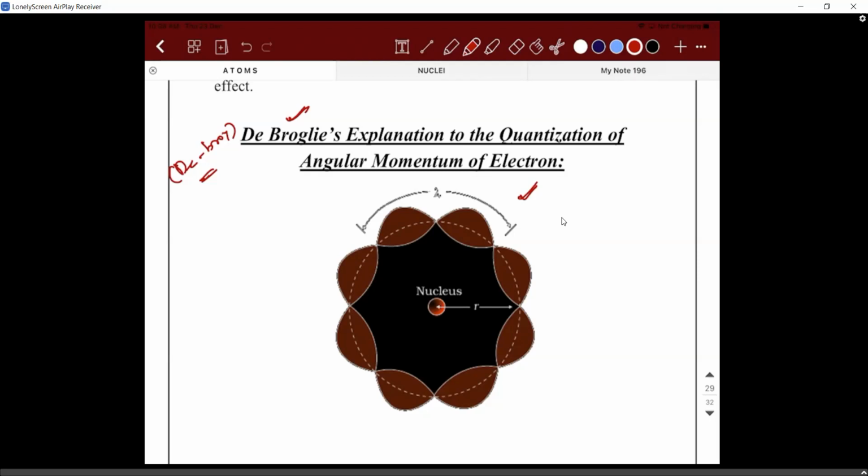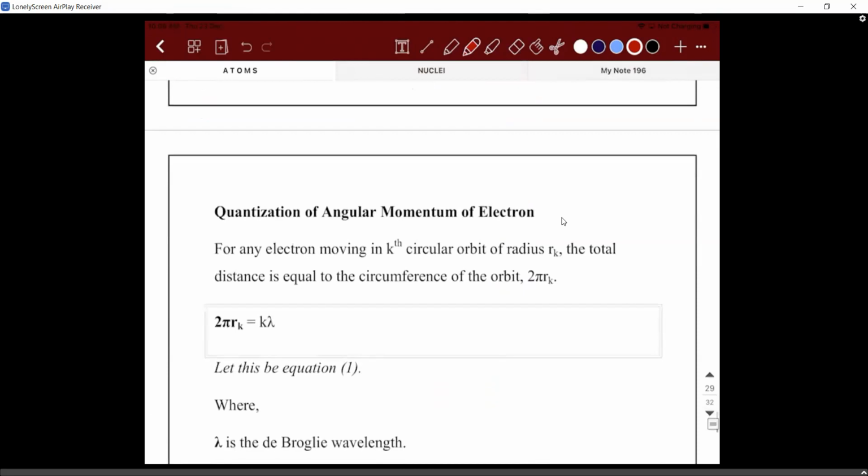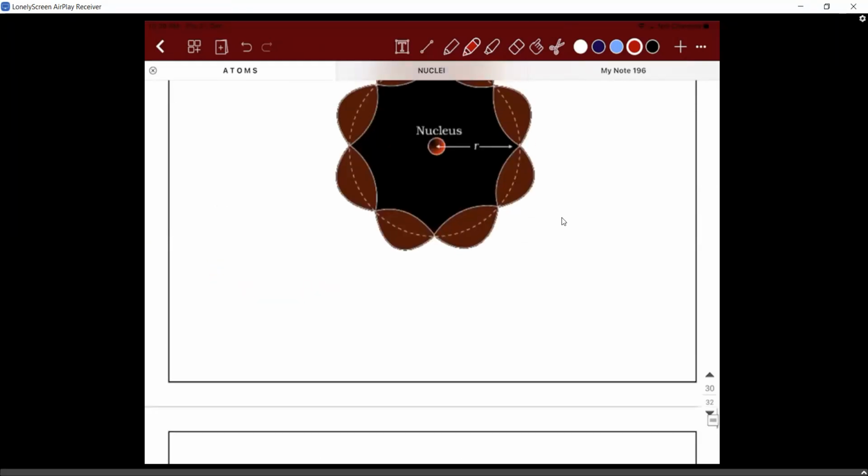So in this concept, the scientist started explaining that the electron has wave nature. What he mentioned is, if you take any electron in the nth circular orbit of radius rn, the electron will travel in the form of a wave.